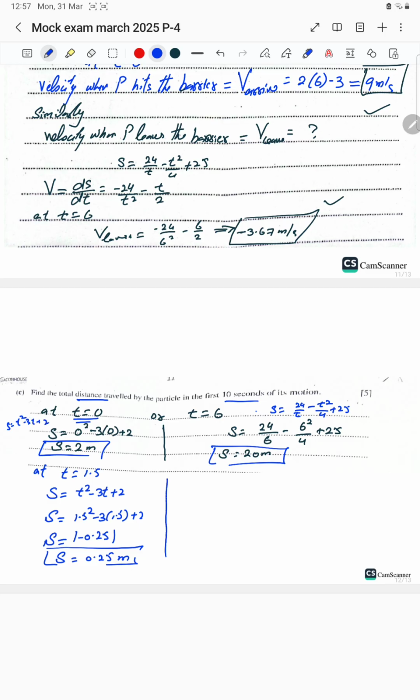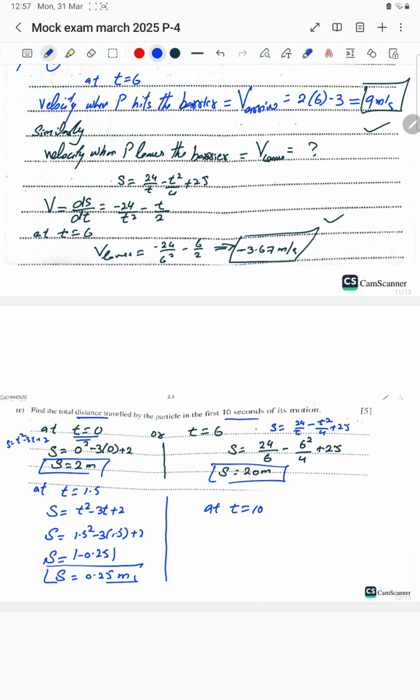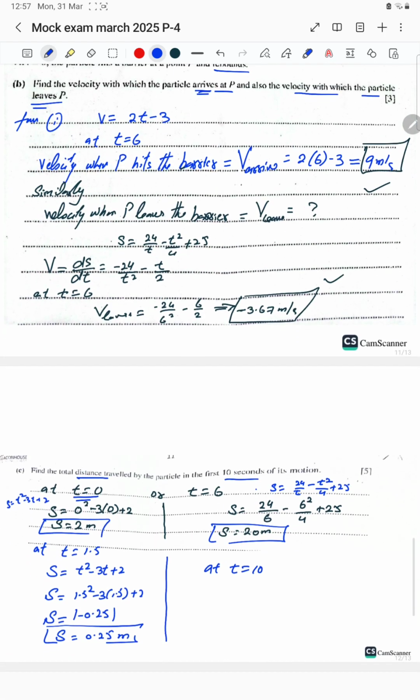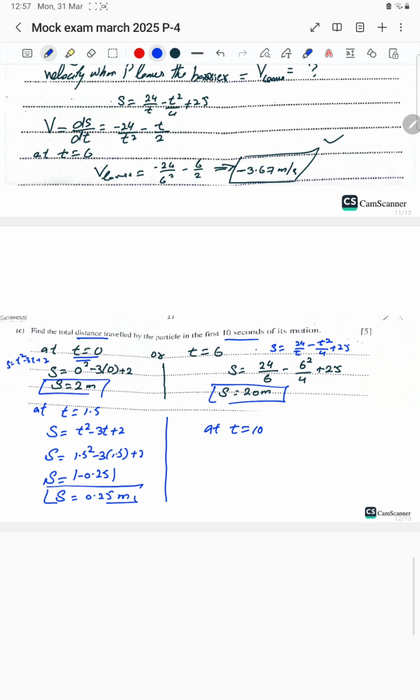Now finally, at t equal to 10, again it was greater than or equal to 6, we use this one again. So s will be 24 by 10 minus 10 square by 4 plus 25. We will calculate to get 2.4 meter. So these distances we have calculated.